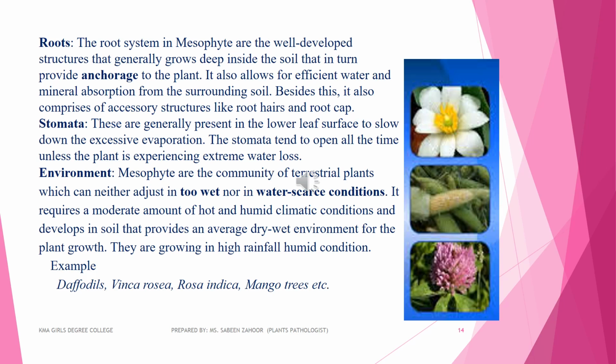Mesophytes require a moderate amount of hot and humid climatic conditions and develop in soil that provides an average dry-wet environment for plant growth. They grow in high rainfall, humid conditions.